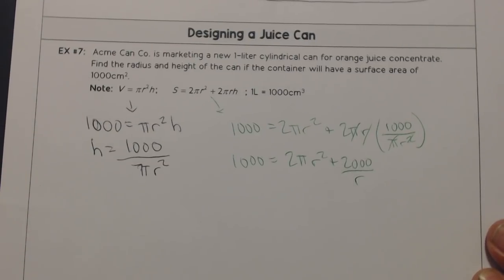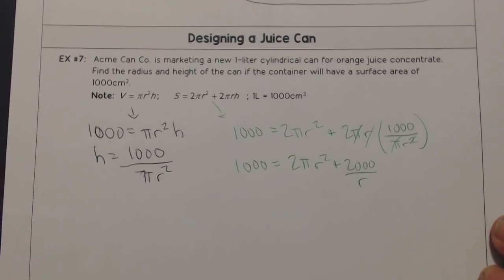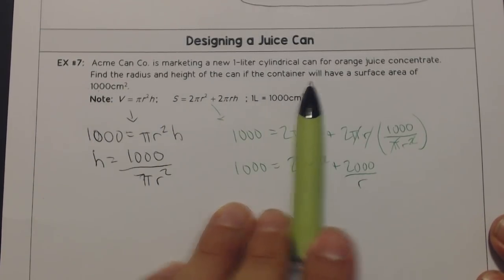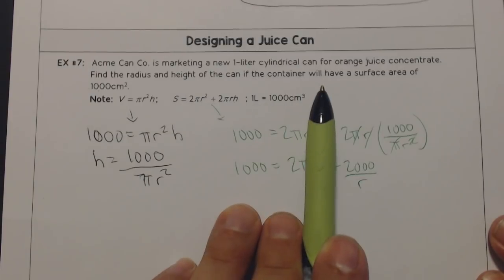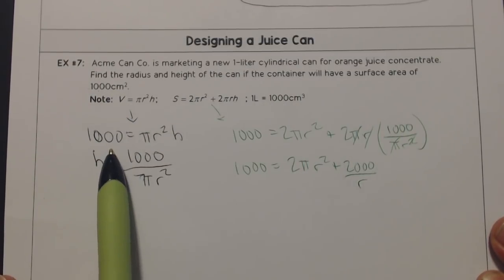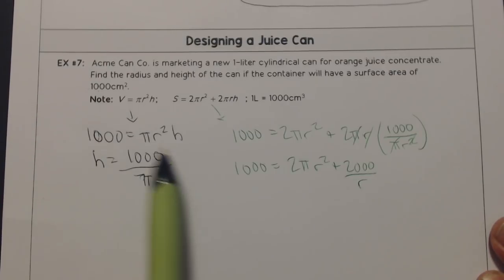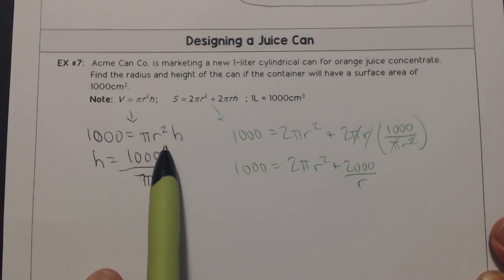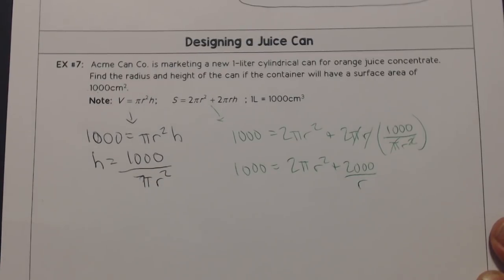Okay, so I need to make sure that I'm finding the radius and the height of the can, if the container will have a surface area of 1,000. The volume is also equal to 1,000. So I can say that these two equations are essentially equal to each other. If they're equal, we're finding out when these two values are the same.